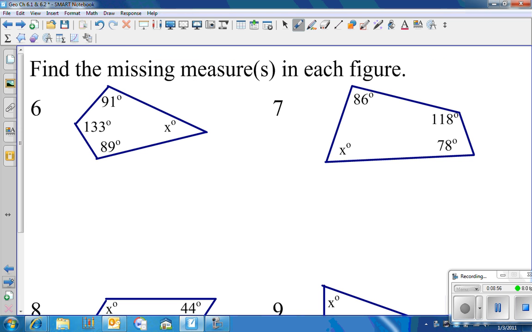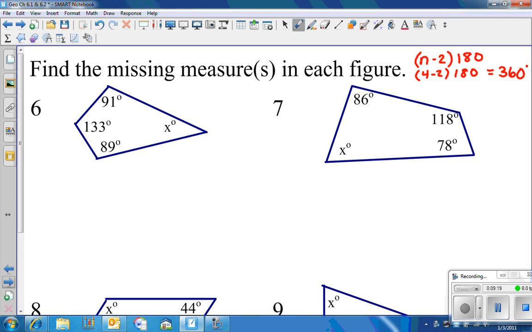And number 6, find the missing measures in each figure. Well, again, if you didn't know how many degrees a quadrilateral adds up to, it's n minus 2 times 180. Well, it's 4-sided, so 4 minus 2 times 180. Well, 4 minus 2 is 2, and 2 times 180 equals 360 degrees.